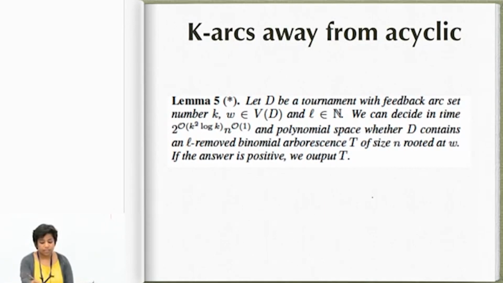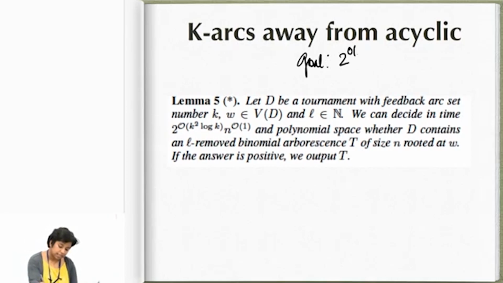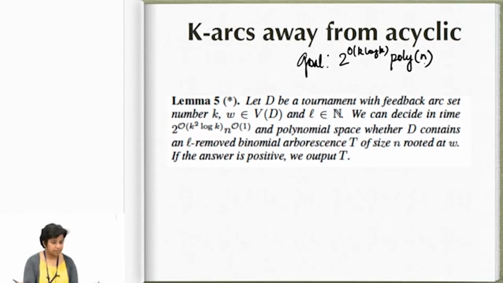Now, we started off with the goal of finding an algorithm with time complexity k log k and polynomial in n. We didn't forget that. This is probably harder to see, but let's try some intuition for why this might be true.